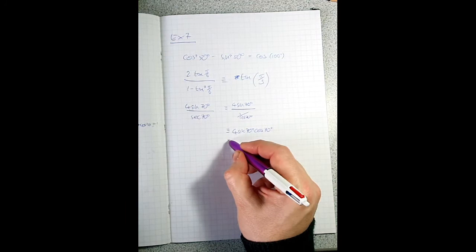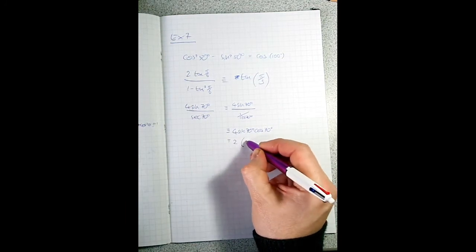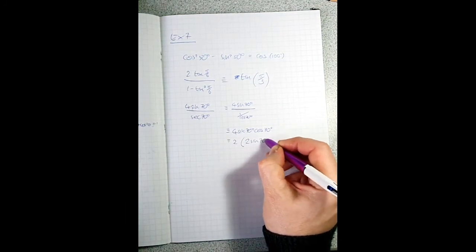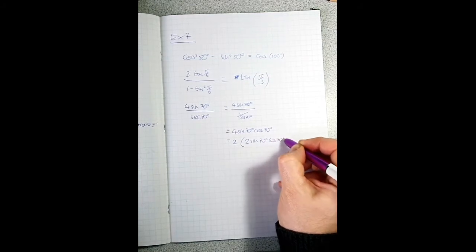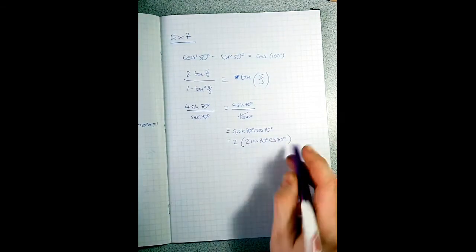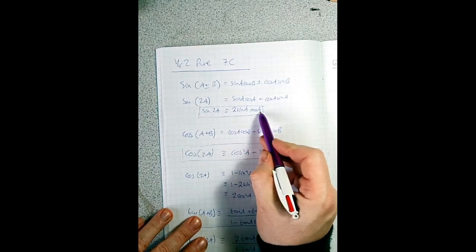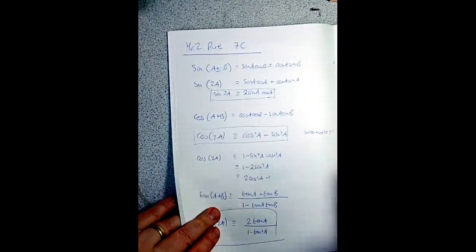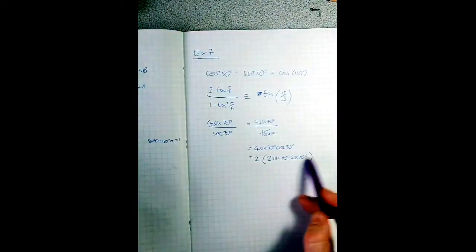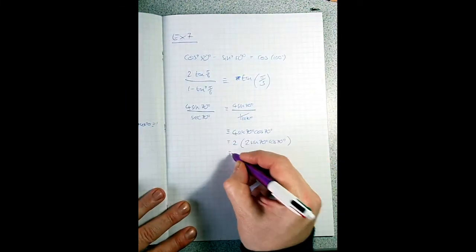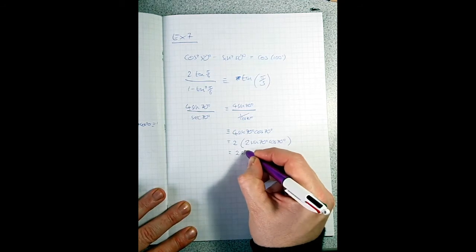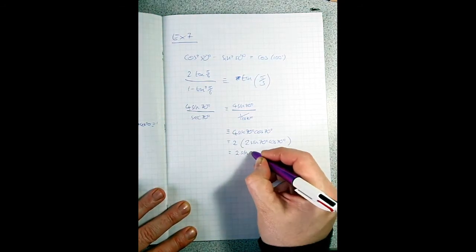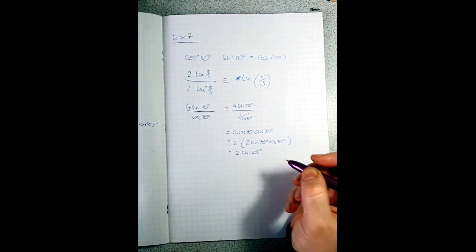Well, that's two lots of 2 sine 70 cos 70, and the reason I've written it like that is because I've got 2 sine A cos A. So A is 70 degrees, so 2A is 140 degrees, so 2 sine 140 degrees.